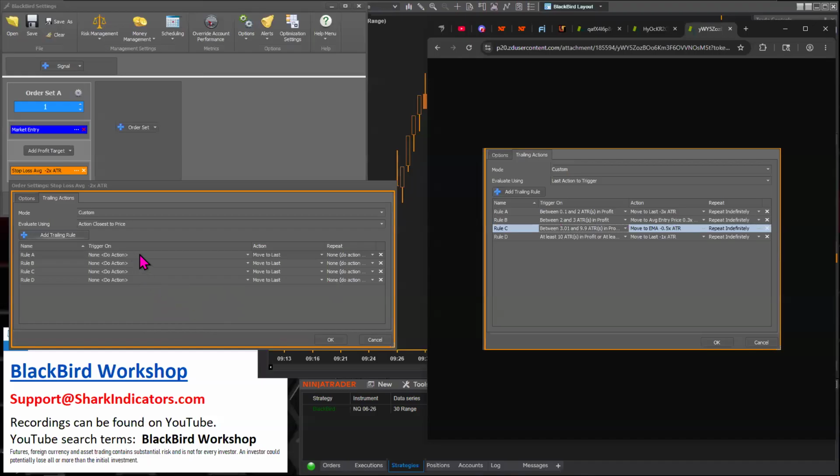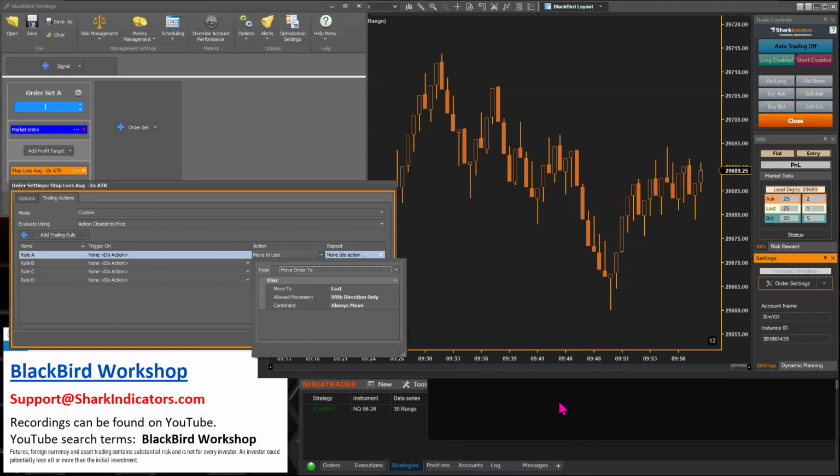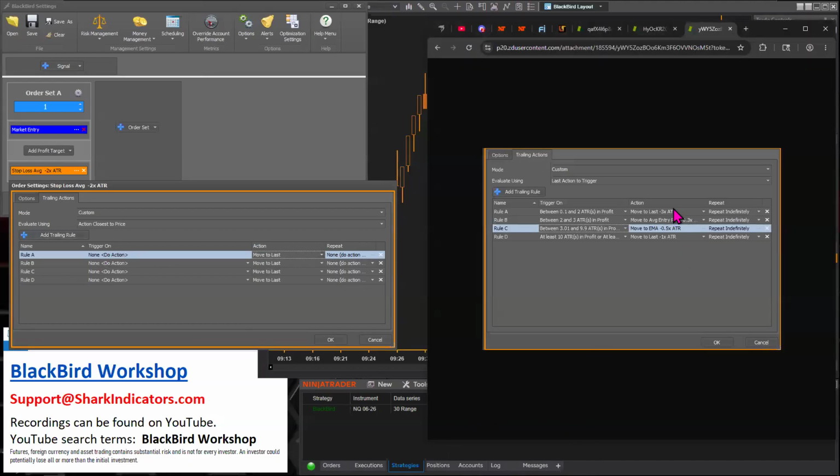You could also just exclude rule A, so we could leave this trigger set to none and then just put in our 3 ATR trailing.